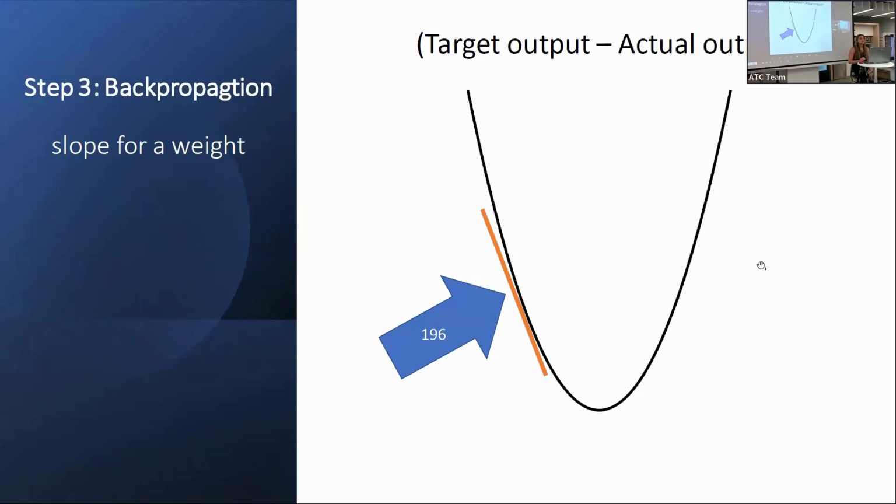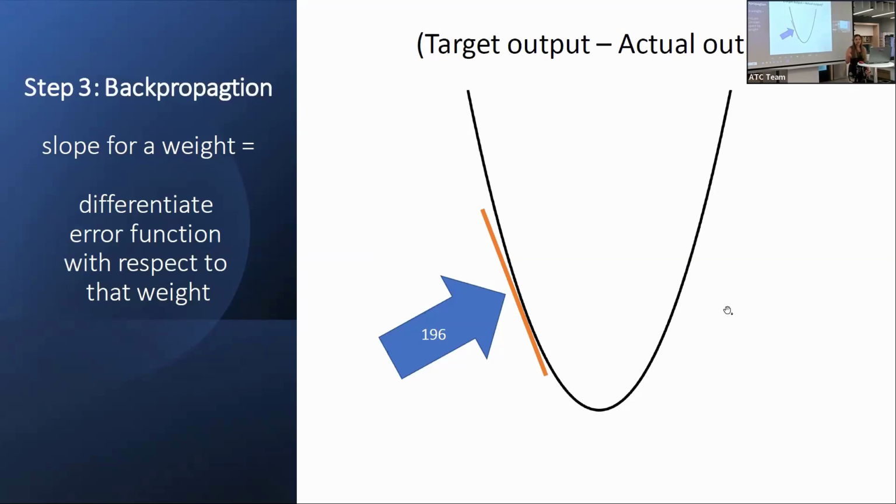We make use of a technique called backpropagation. So essentially what we're looking for is the slope for a specific weight, okay? How we get that is we differentiate that target output minus actual output squared. So we differentiate the error function with respect to a specific weight.